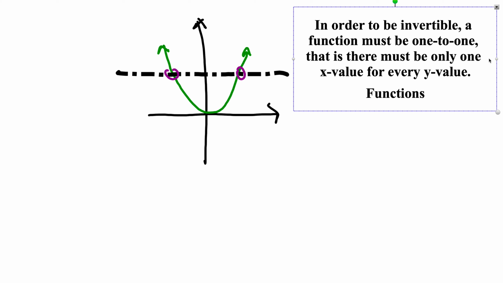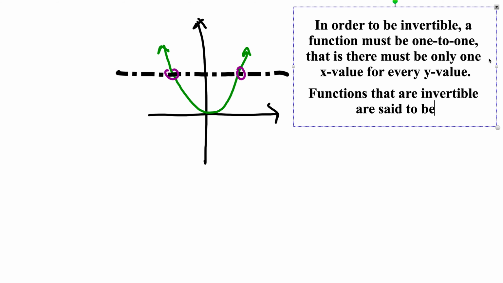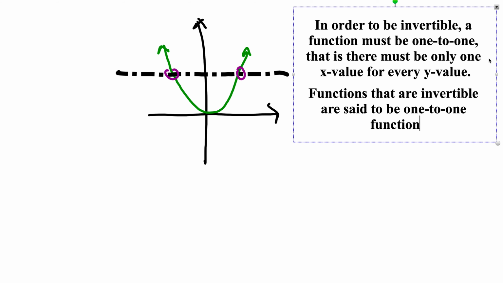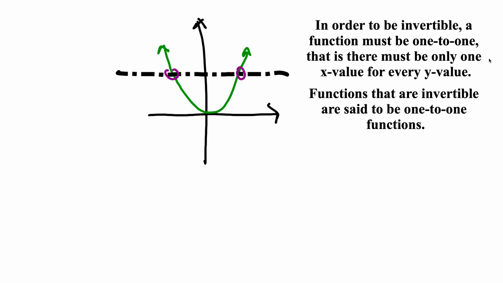Functions that are invertible are said to be 1 to 1 functions. So you can have a function that's still a function, but not a one-to-one function, and a quadratic is an example of that.